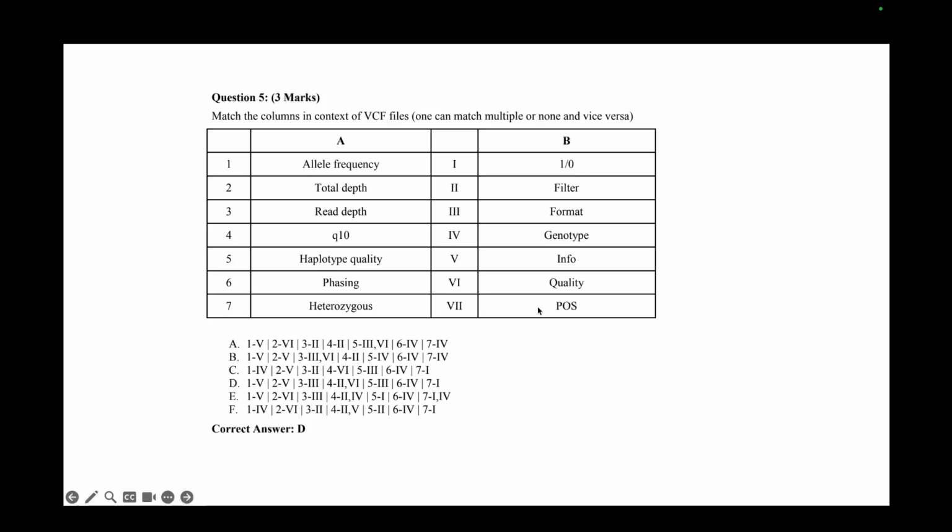Sorry, one and four. The eighth option, the last option, should be here as well. That is my thinking. I'm not sure the answer is given like this, but it's okay. Heterozygous will be given by the genotype, and the phased and unphased genotype are given there.